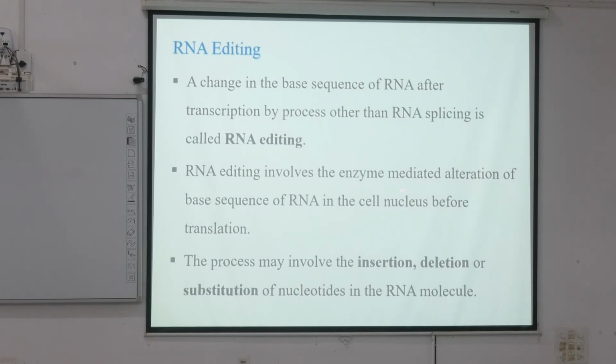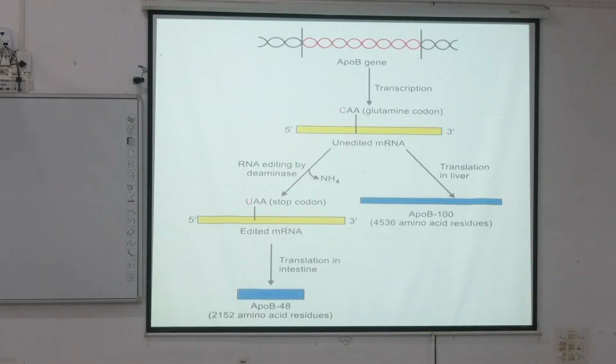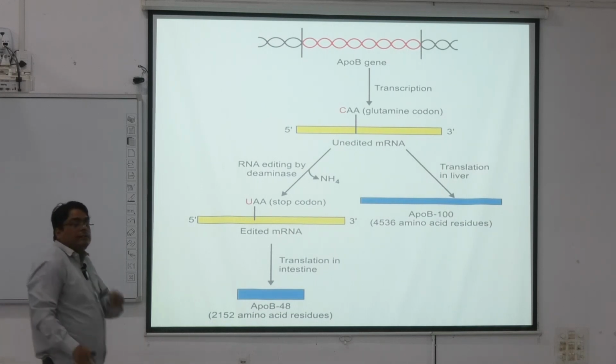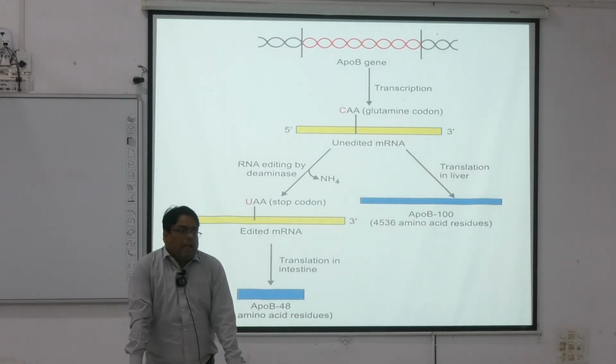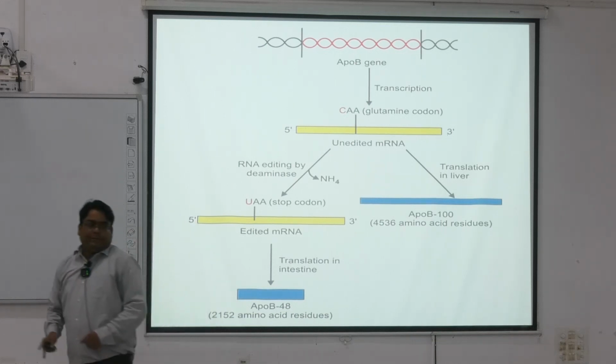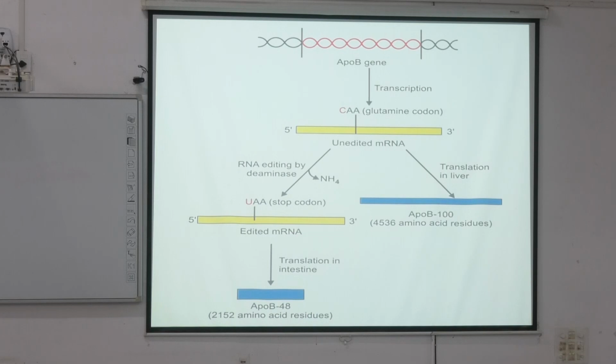RNA editing involves enzyme-mediated alteration of base sequences, through insertion, deletion and substitution. The best example of RNA editing is the ApoB gene. The ApoB gene is responsible for the formation of ApoB48 and ApoB100 proteins.